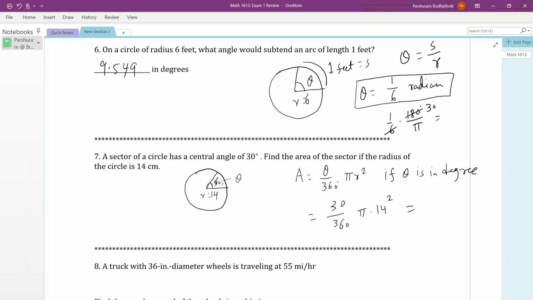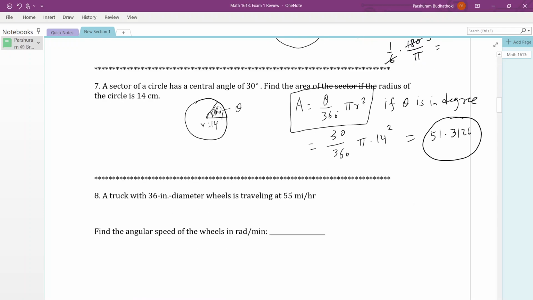If I do that, it gives me 51.3126, and that's the area. Remember, the area is in centimeters squared, because the radius is in centimeters. So the main part is you need to know the formula for the area of a sector.